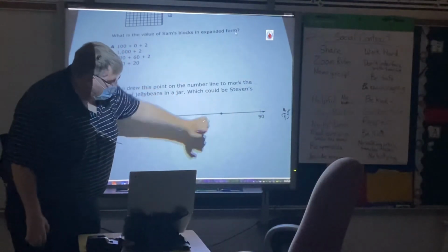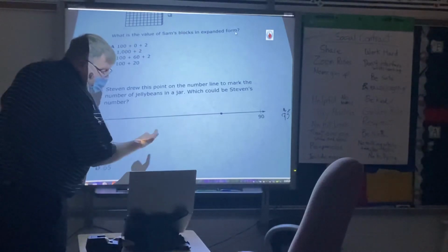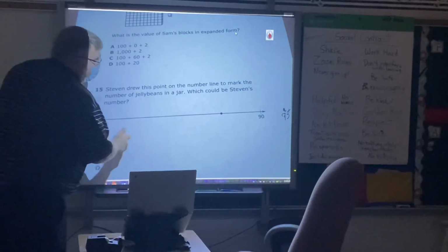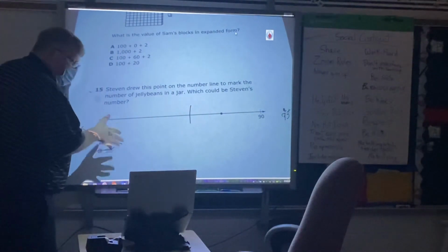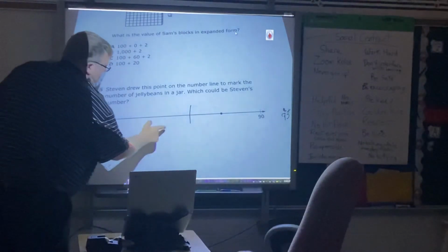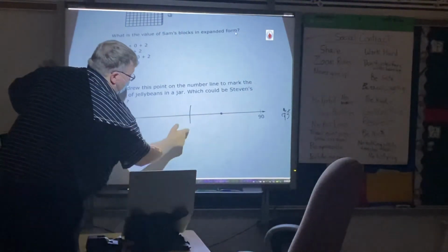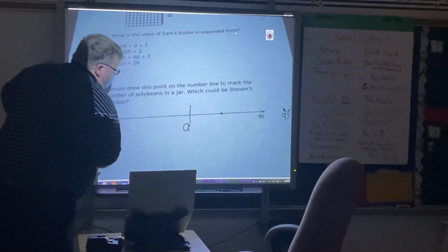There's the dot that we're looking for. What I do to get this is I go halfway between 50 and 90, about right there. It's an estimate. Halfway between 50, 60, 70, 80, 90. Oops, silly me.